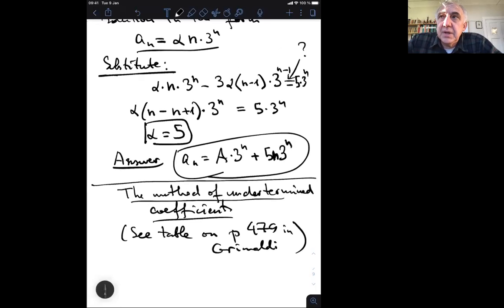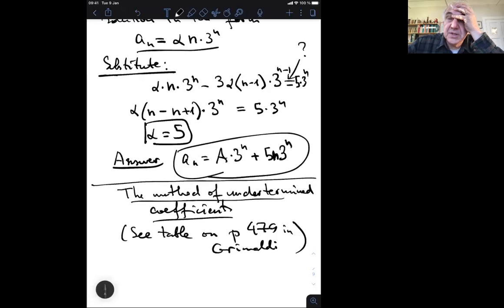Let me maybe recall what kind of situations are there, and these are again the cases which show up in linear differential equations with constant coefficients. You can find a particular solution if your right-hand side is a polynomial in n. You can find a particular solution if your right-hand side is a geometric progression.